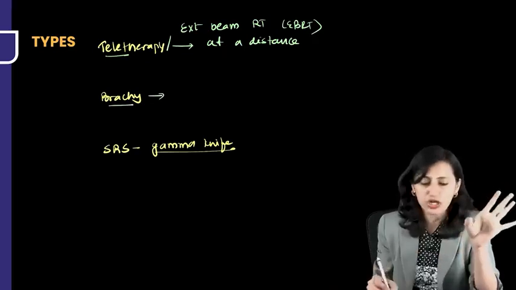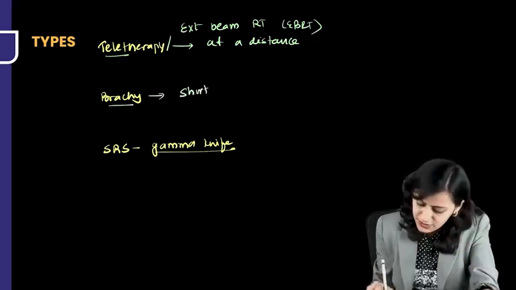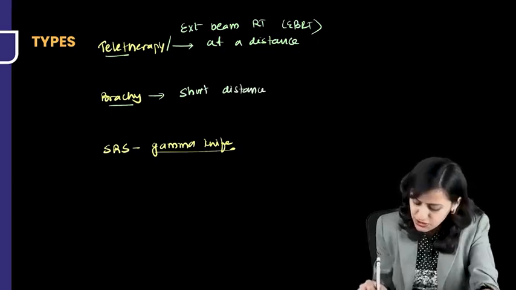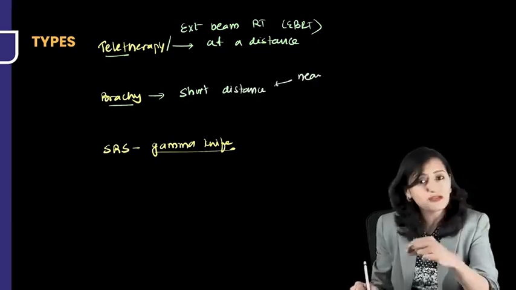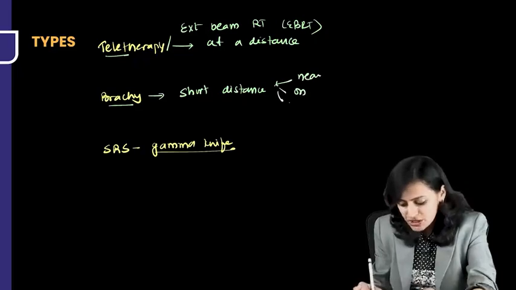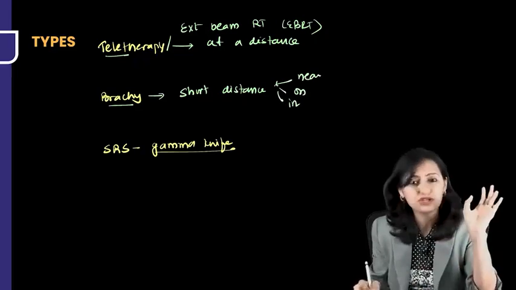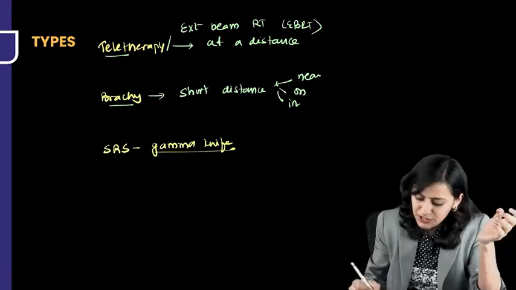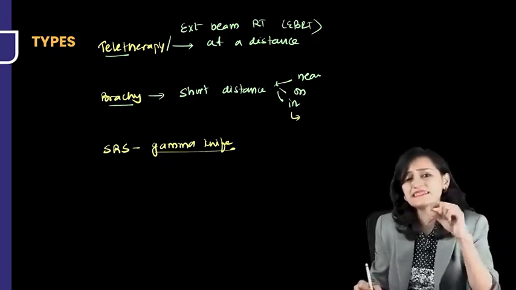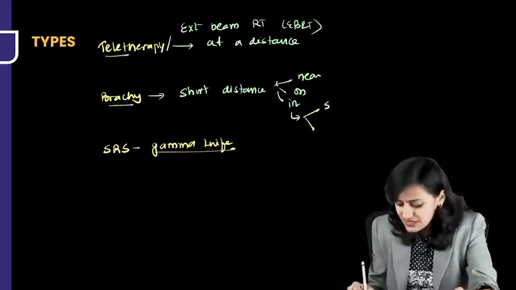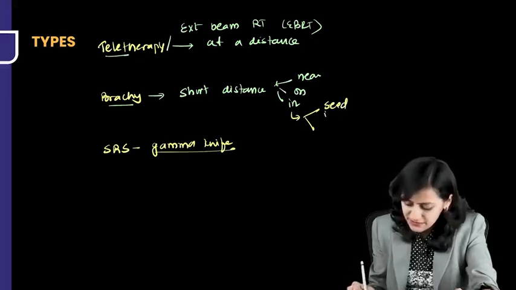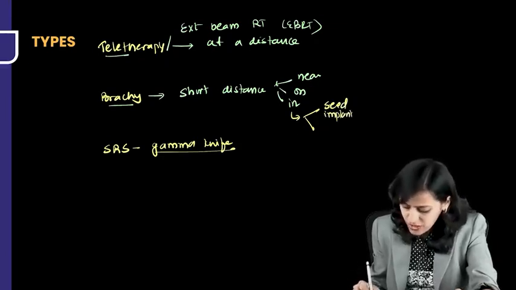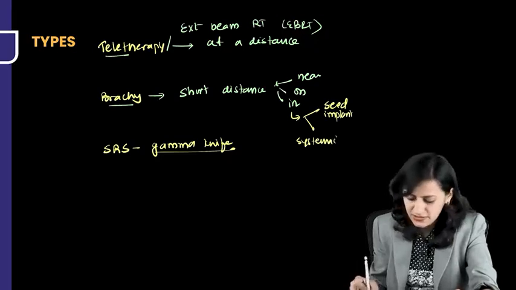Brachytherapy. Brachy means short. So here the radiation source is at a short distance from the patient's body. It is near the patient's body, it is on the patient's body, or it is inside the patient's body. Inside the patient's body, we can use seed brachytherapy, that is where we use an implant, or it could be systemic brachytherapy.